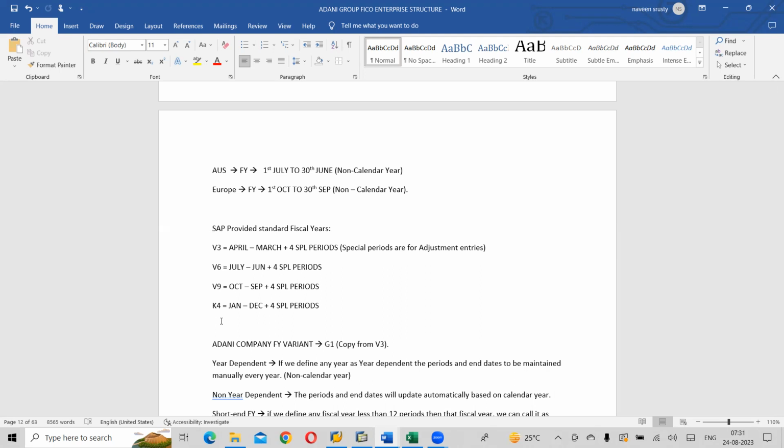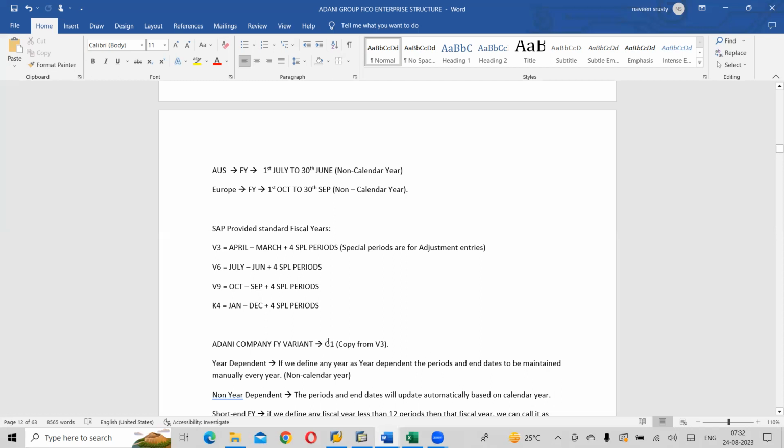So like that, we have a few standards, right? Whenever you see the fiscal year variant in a real-time environment, only the standards, whatever SAP has provided, will be displayed. As a consultant, instead of creating everything again, we will select the V3 variant, copy its attributes, and rename it according to our company.